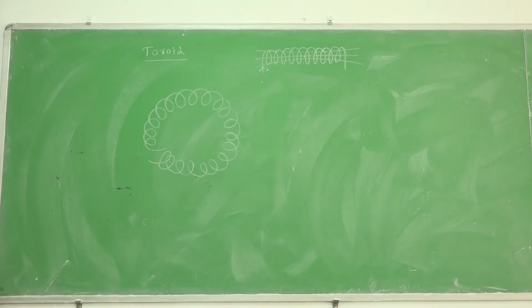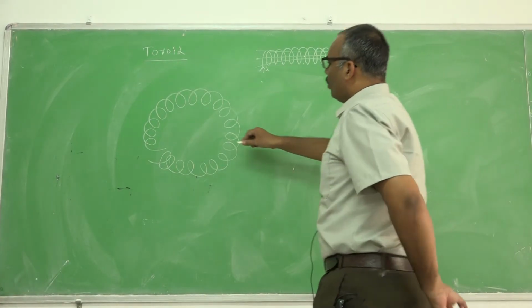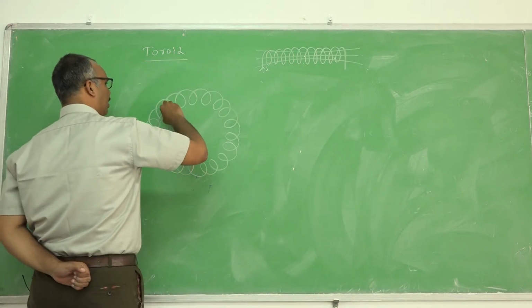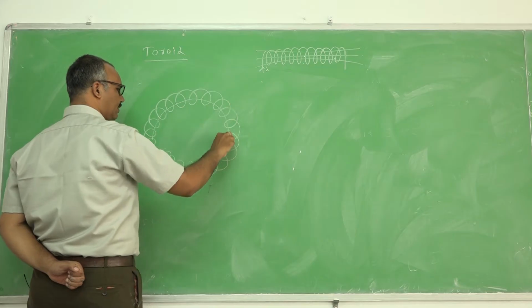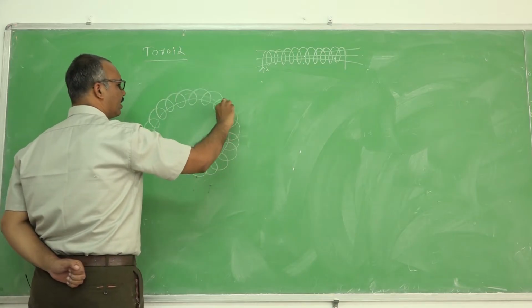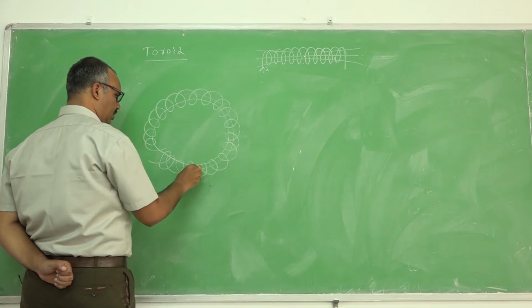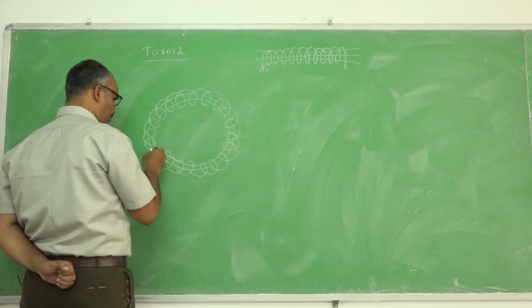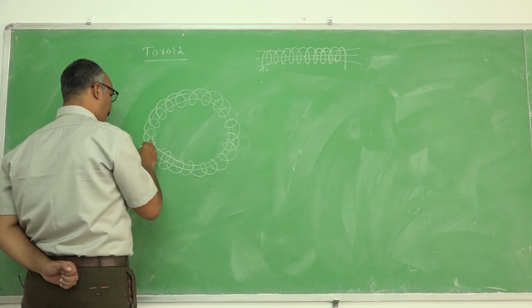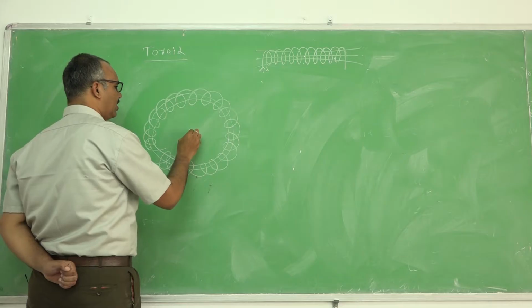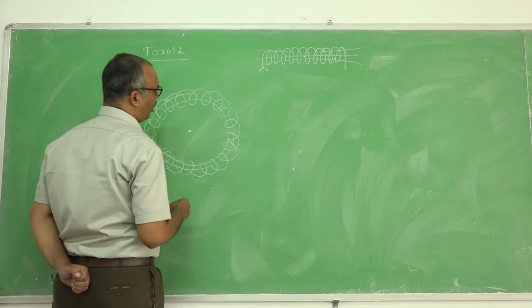In this toroid, the magnetic lines of force are like concentric circles. As the current is passing through the wire of the toroid, it generates some magnetic field like concentric circles as shown in figure.